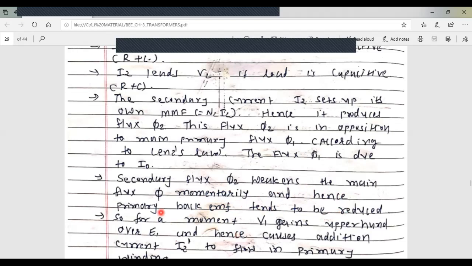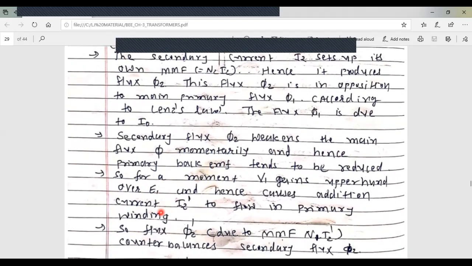It means that the secondary flux phi2 reduces the back EMF. So now primary voltage V1 gains upper hand over E1 and hence it causes the additional current I2 dash to flow in the primary winding. This is a very important sentence.